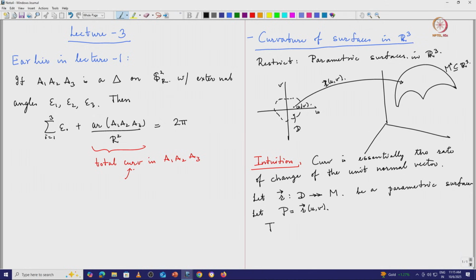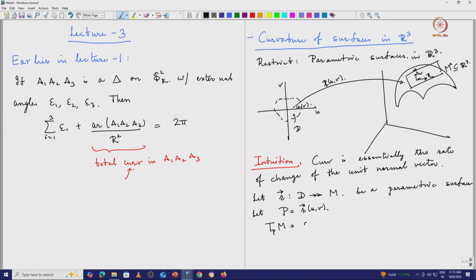Then the tangent space to your surface at the point P, let us say your point P is somewhere here, is going to be spanned by these two vectors which I will denote by Ru and Rv.